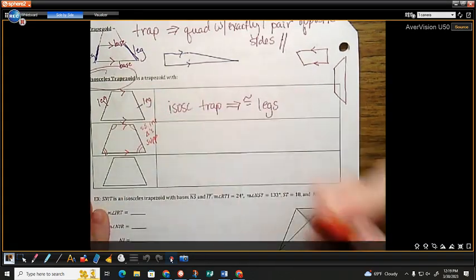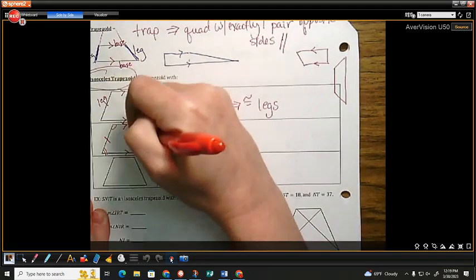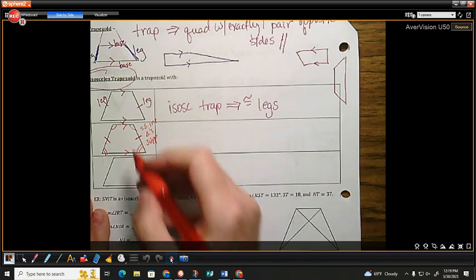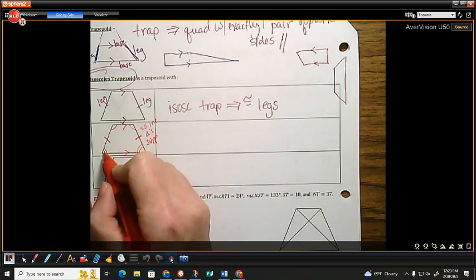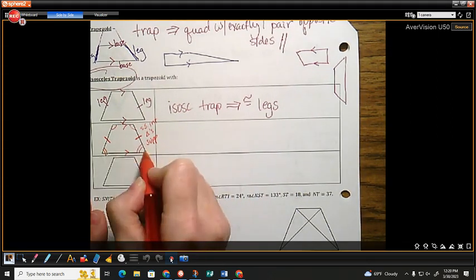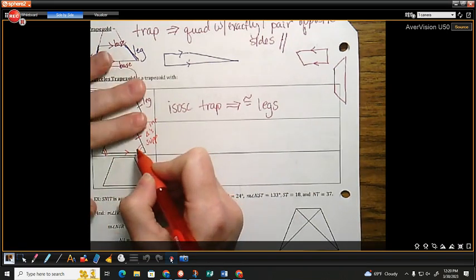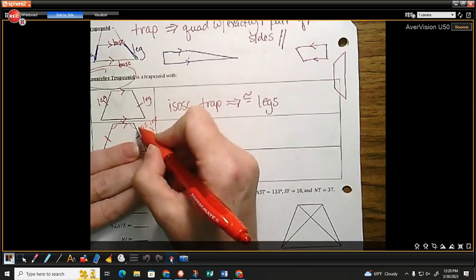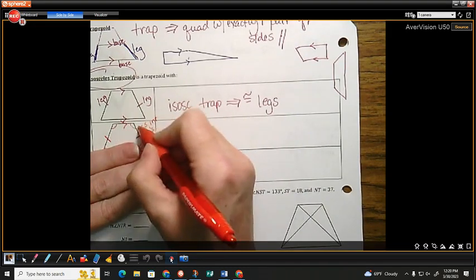But wait, this is an isosceles trapezoid. And in an isosceles trapezoid, guess what else is congruent? Those base angles. But wait, isn't this a base? So its base angles are also congruent.